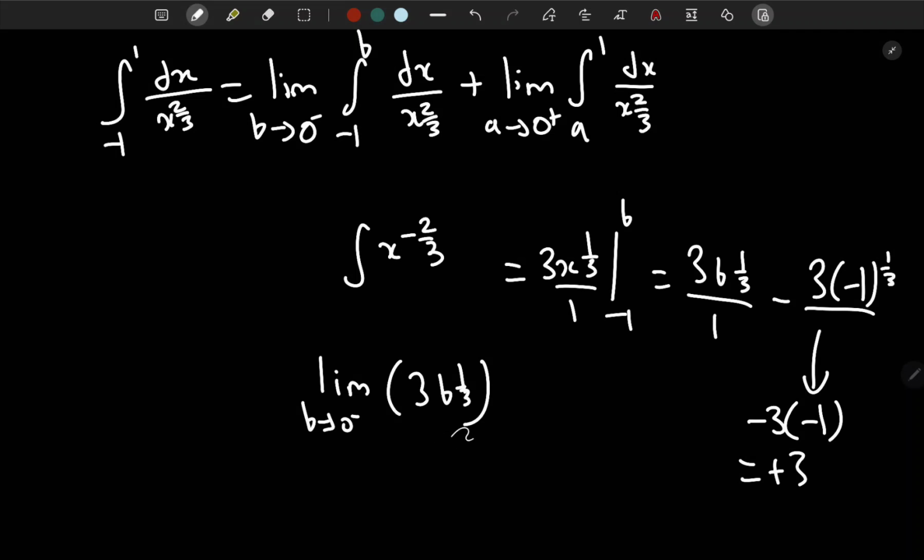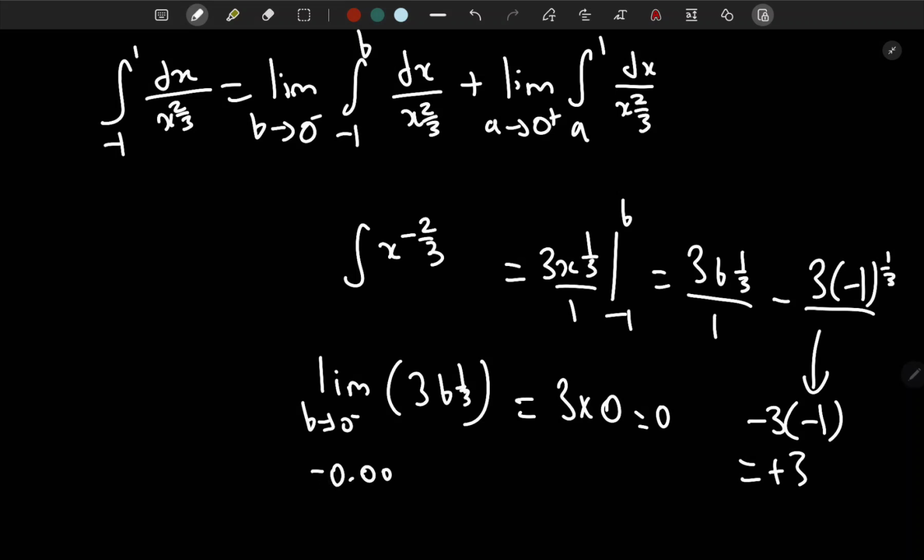And here we know that b is approaching 0. So it's simply 3 multiplied by 0, which is 0, right? And we can try this on the calculator. Just substitute b as something like 0.00 and add a lot of zeros. It's going to be minus, by the way, since we are on the negative side.